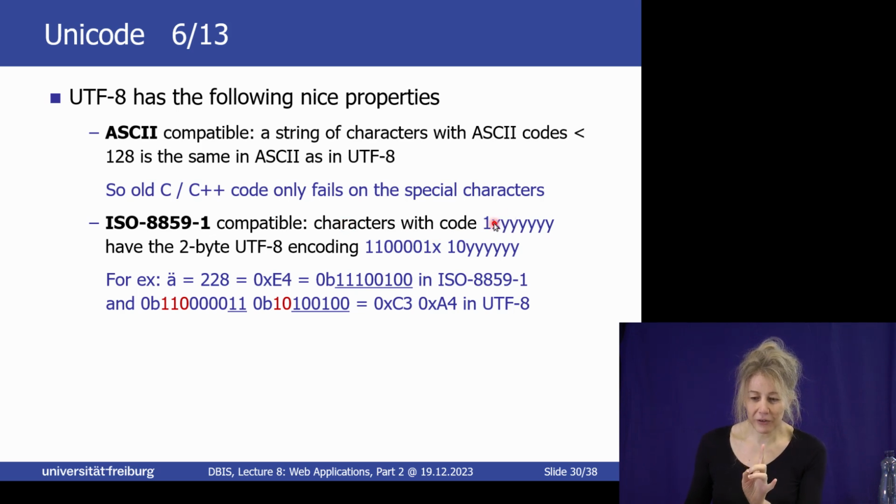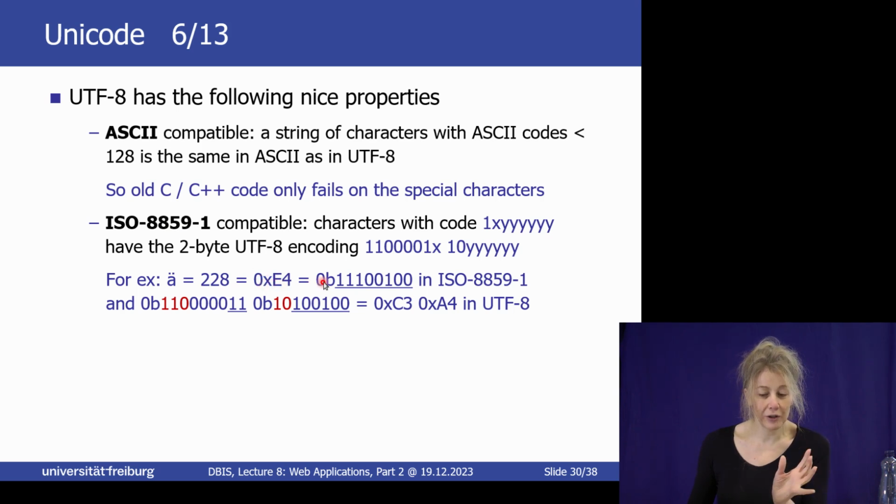No, this is wrong what I just said. This is a 2-byte sequence. But the Unicode, it's mostly right what I said. Just one little side remark was wrong. Doesn't matter. So the ä, for example, let's take the German umlaut 228 in this ISO 88591, which I explained to you.